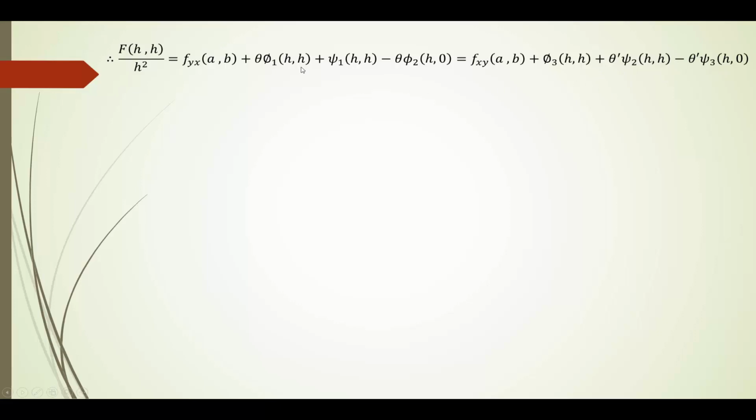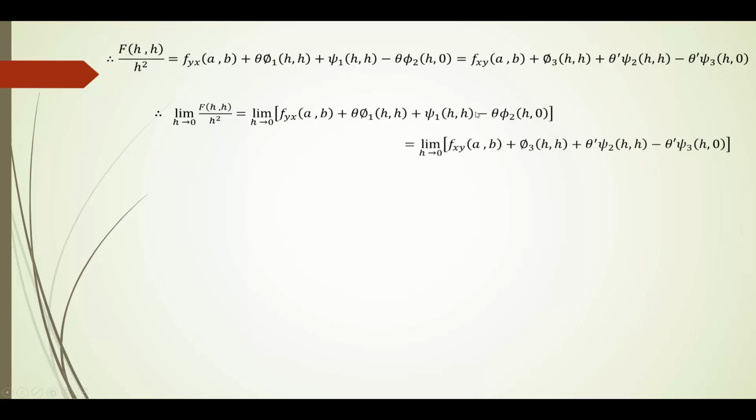Now taking limit of both sides as h tends to 0, limit as h tends to 0 f of h upon h square equal to limit h tends to 0 f_yx(a, b) plus theta into phi_1(h) plus psi_1(h) minus theta into phi_2(h, 0) is equal to limit as h tends to 0 f_xy(a, b) plus phi_3(h) plus theta dash psi_2(h) minus theta dash psi_3(h, 0).